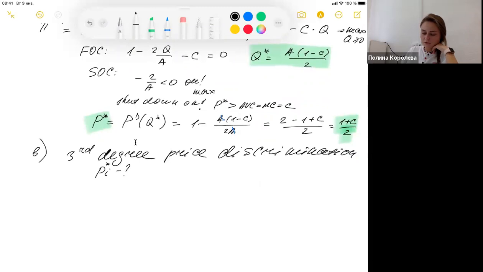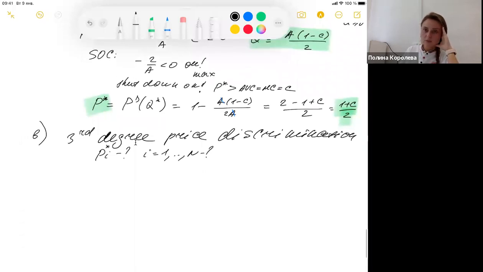So we will charge different prices for each consumer, for 1 to n. You need to find all these prices. How to find it? Anyway, we maximize the sum of profits from selling to each consumer.